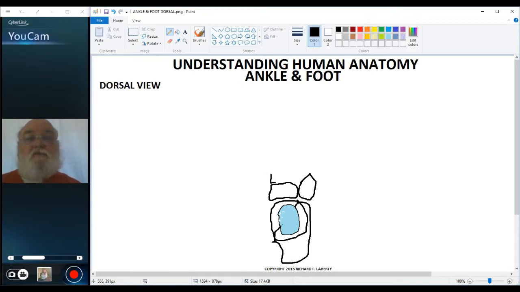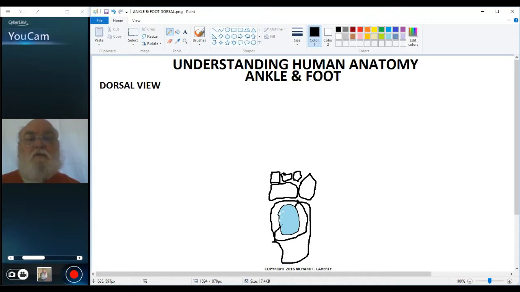So we have the first cuneiform here, the second cuneiform here, and then the third cuneiform in this position.